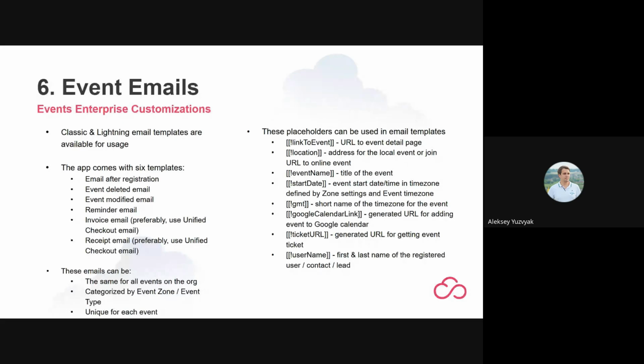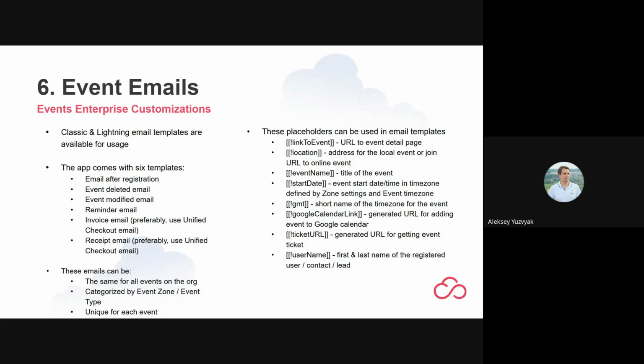Or if it's needed, these emails can be automatically assigned to events in a certain event zone with a certain event type. Again, it is possible to create, for example, in zone number 1 for local events, one template, and in zone number 2 for Zoom or online events, another template.